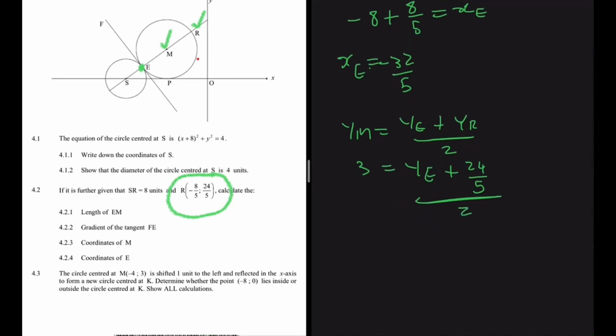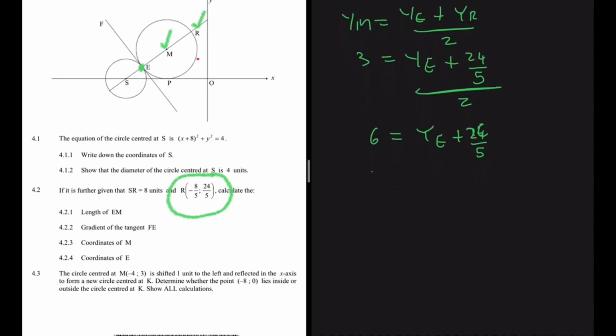And then now we can cross multiply. You get 6 is equals to y of E plus 24 divided by 5, right? So we have 6 minus 24 divided by 5 is equals to y of E, right?